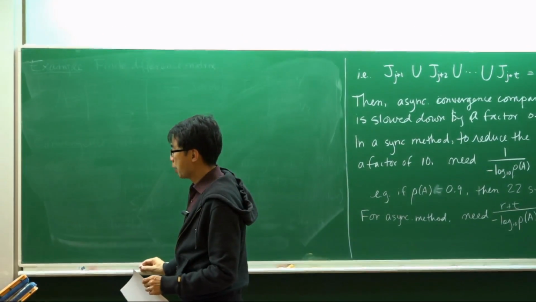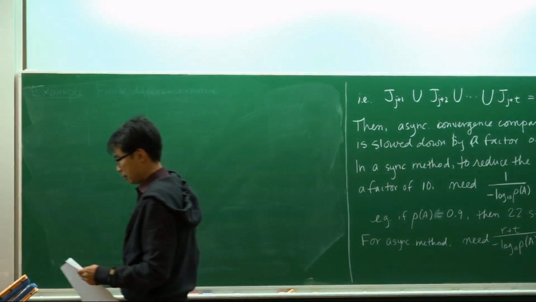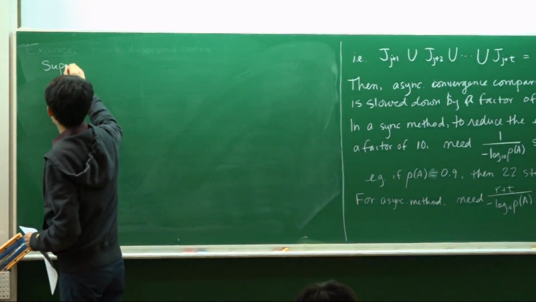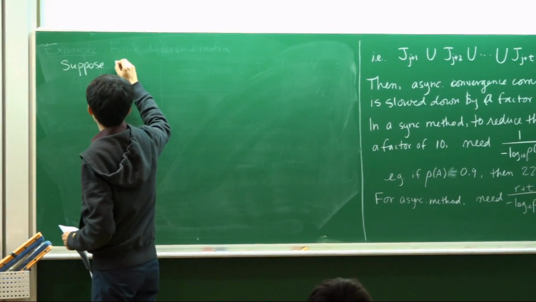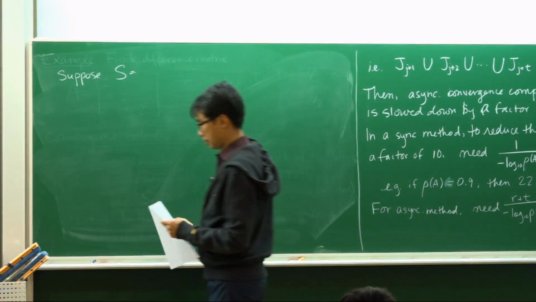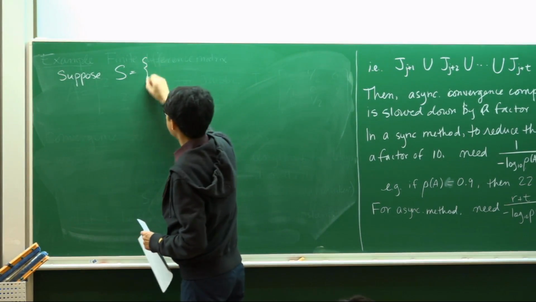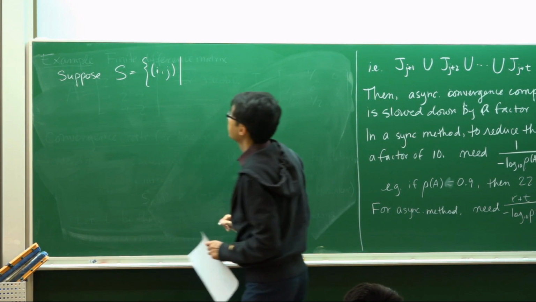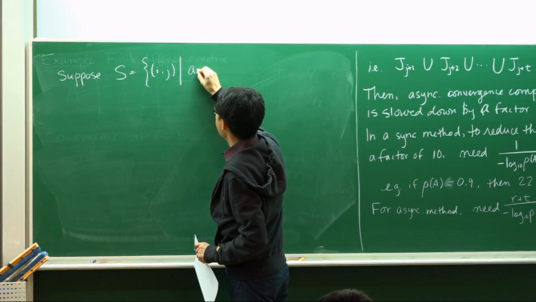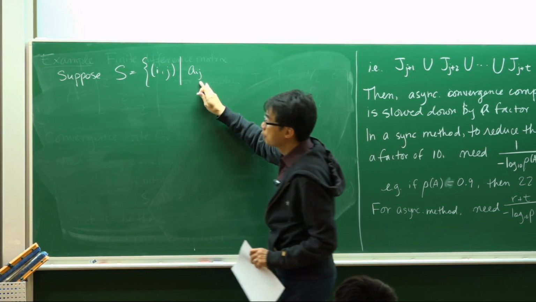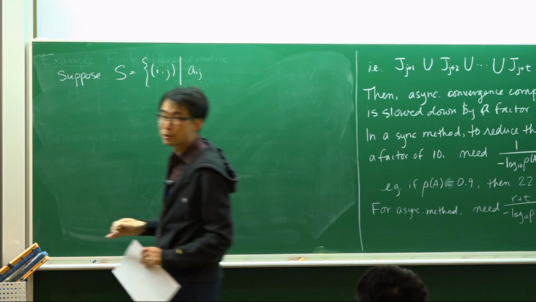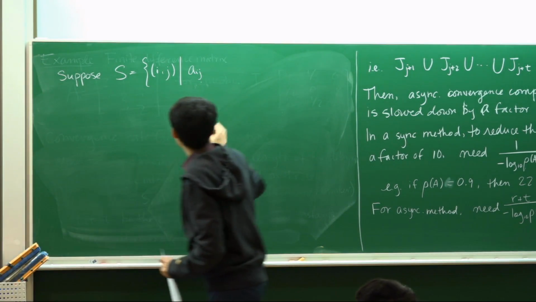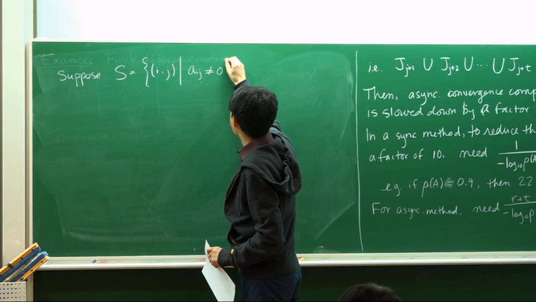So what is a good way of choosing S? Suppose that the set S is the set of (i, j) such that Aij, the ijth element of the matrix A whose factorization we're looking for, is not equal to 0.